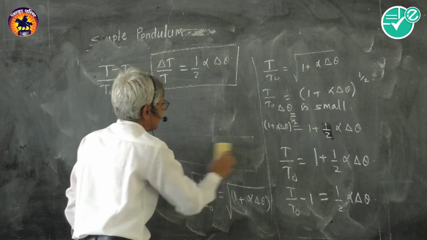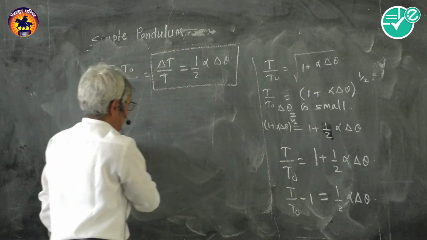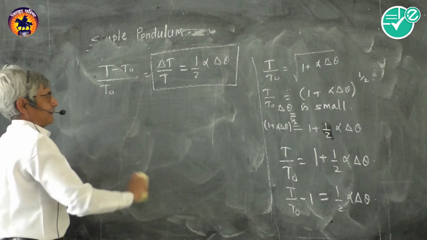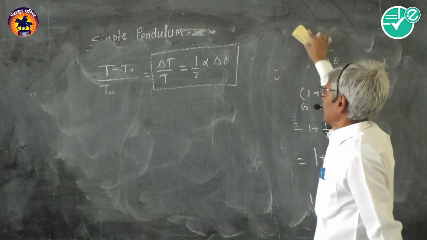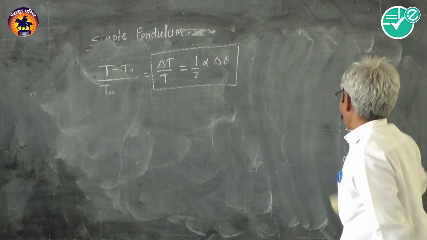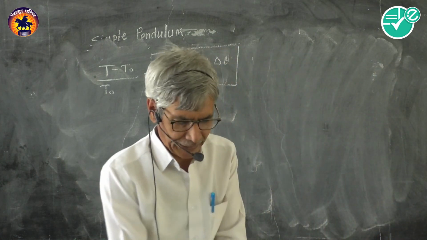If temperature increases, the period will also increase. So this is the effect of the temperature on the period of the simple pendulum, in which the metallic string is used to suspend the ball.